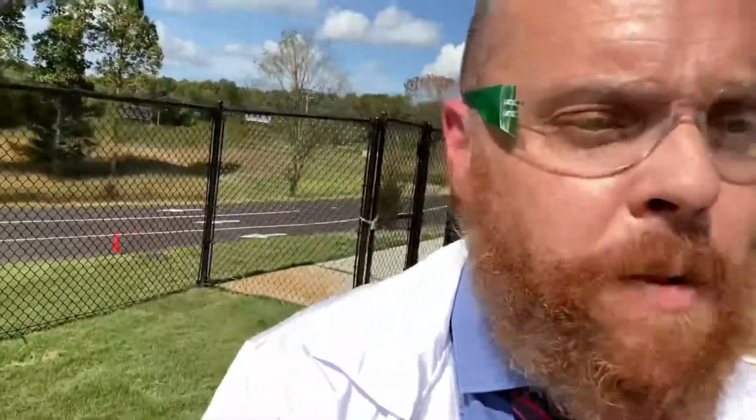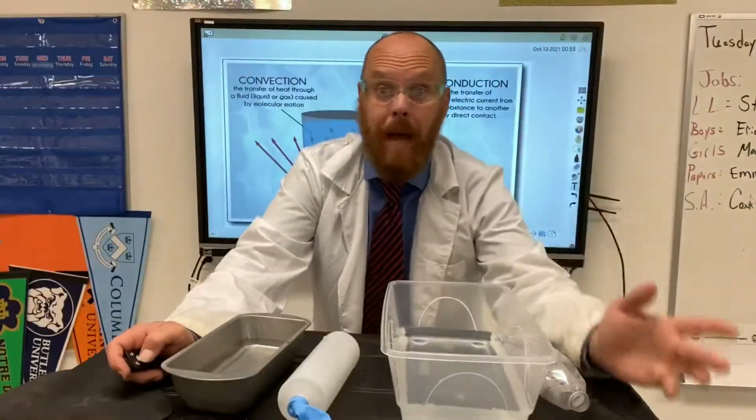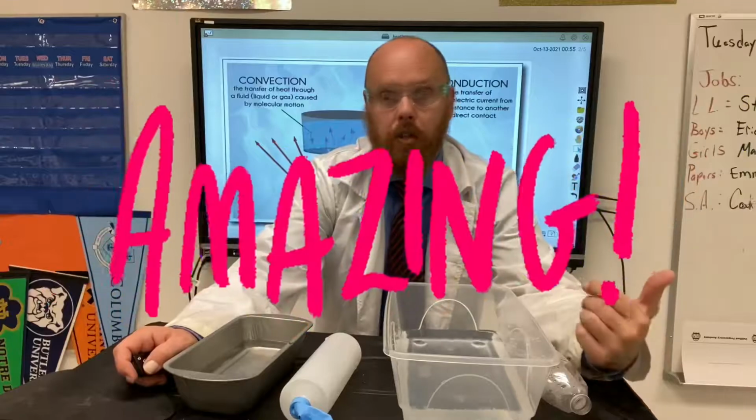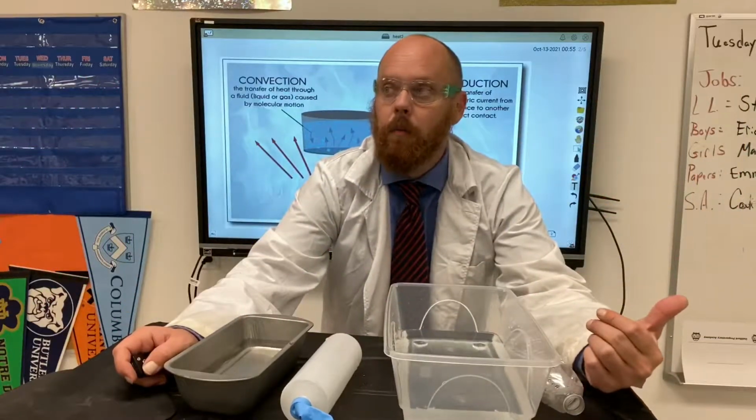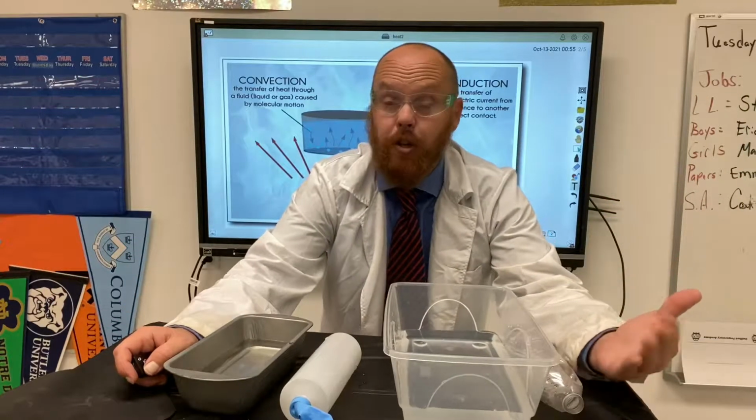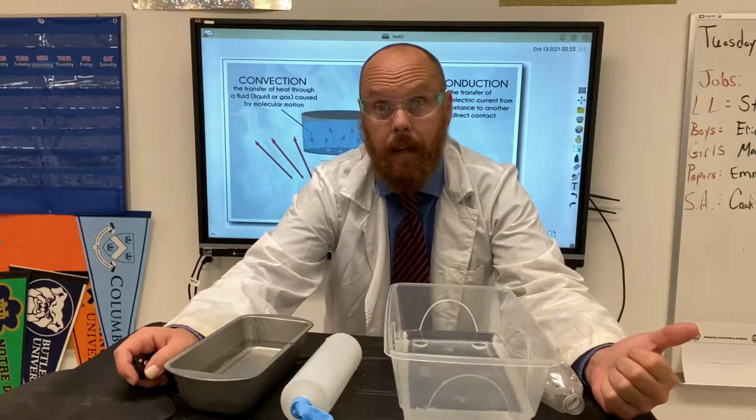What do you think? Because they're lighter. Because they're lighter in color. Ladies and gentlemen, darker colors absorb more radiation. That was amazing. If you saw, the darker color balloons popped. They attracted more of the radiation, didn't they?